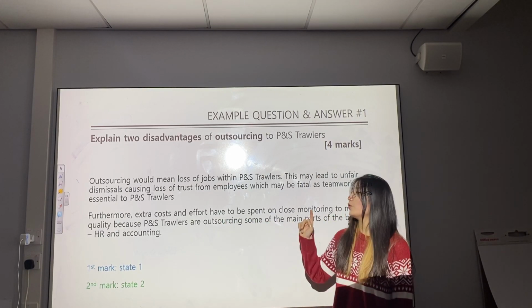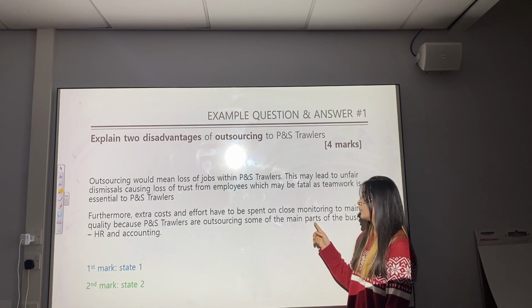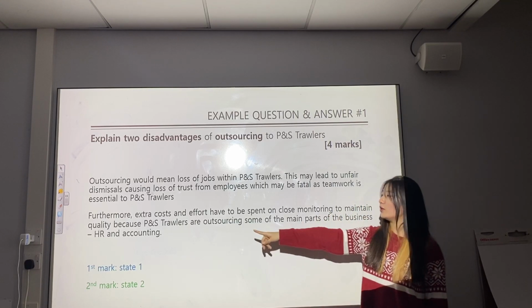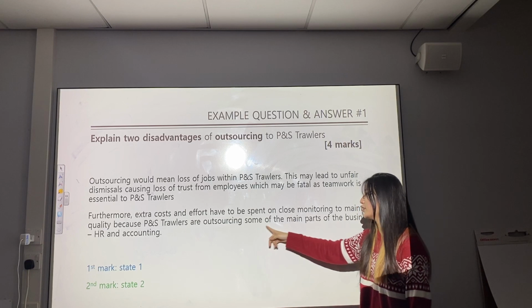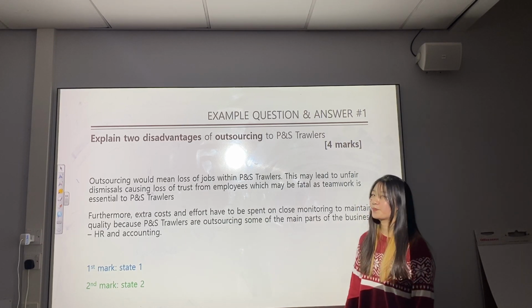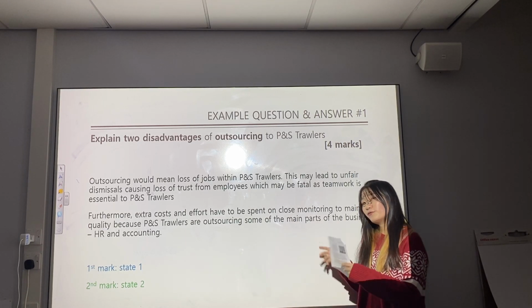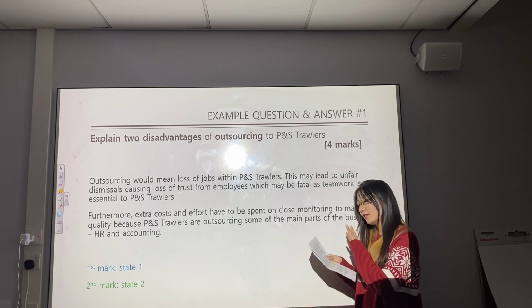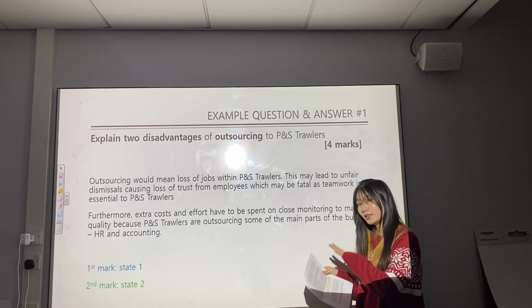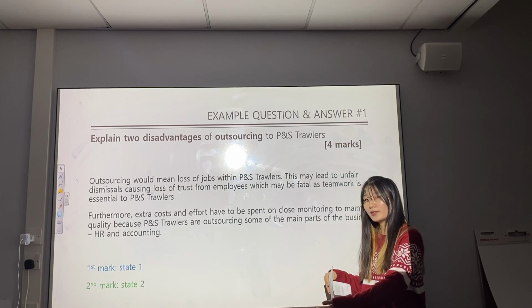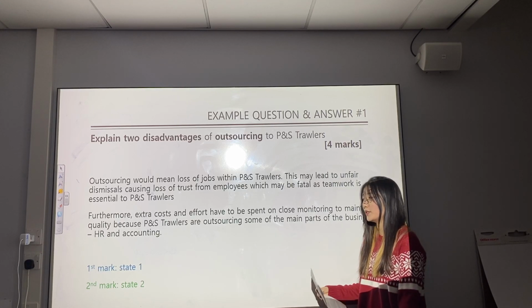Okay. So furthermore, extra cost and effort have to be spent on close monitoring to maintain quality because P&S are outsourcing some of the main parts of the business. So if you've read your case study and understood it, it clearly tells you that it outsources some of the core functions of the business.